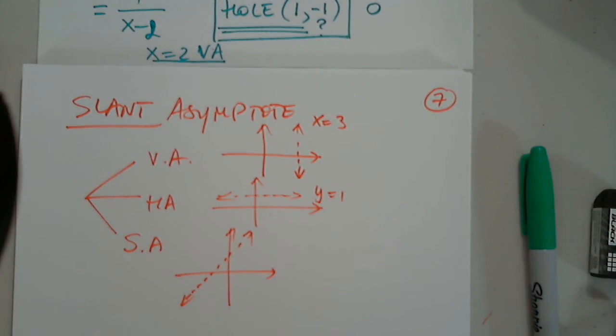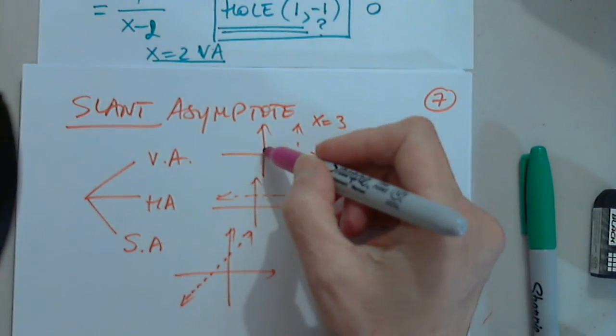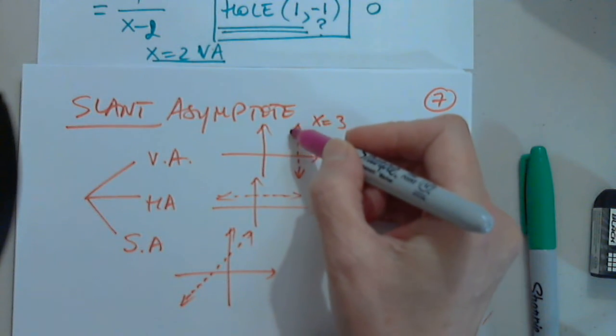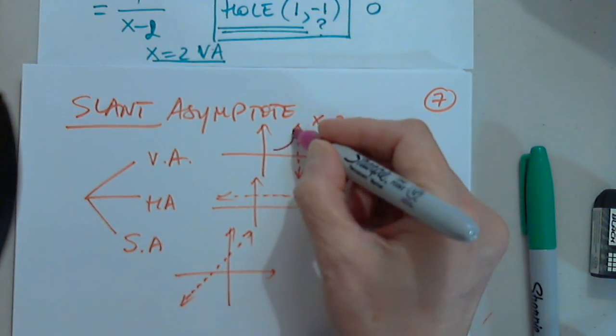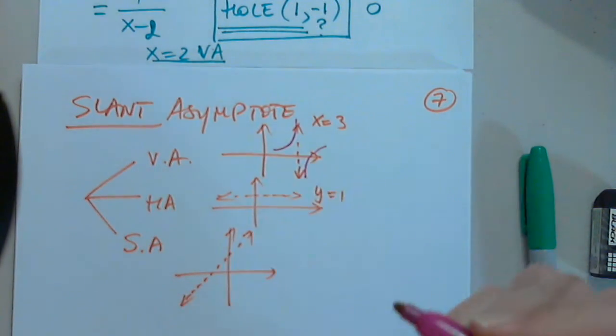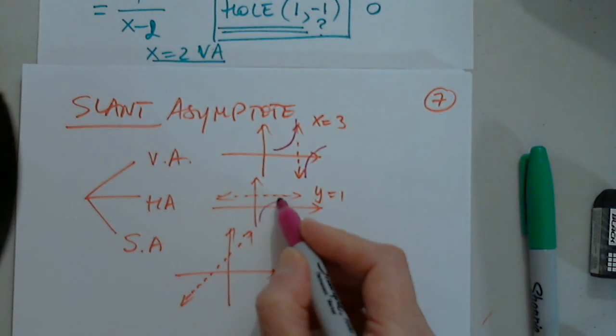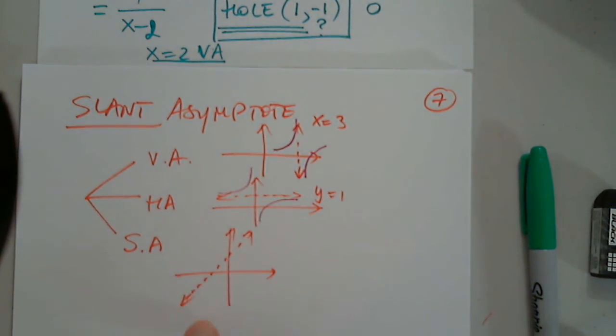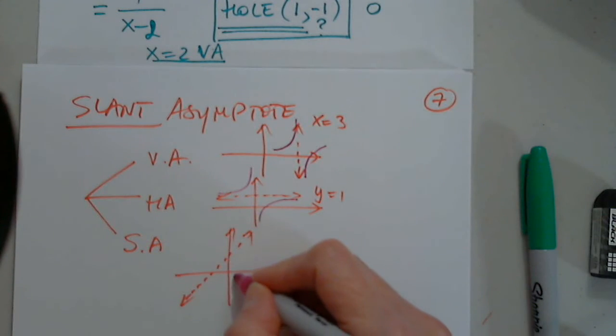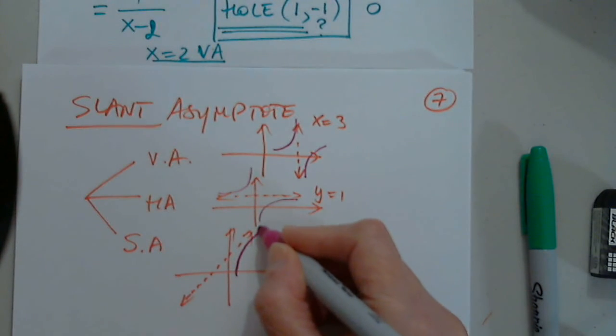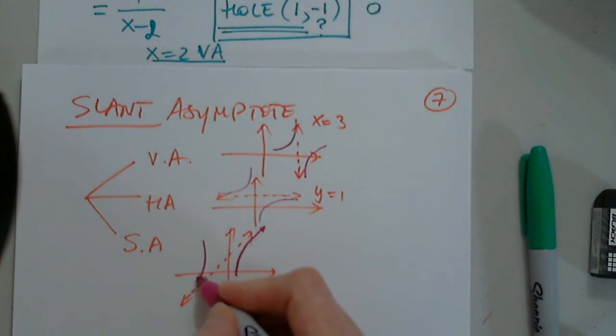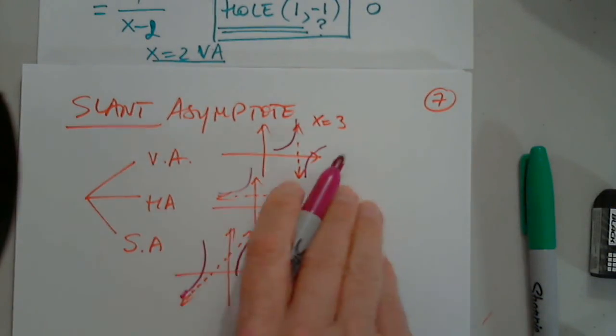Regardless of what slant asymptote we are looking at, the function has to approach it asymptotically, like this, for example, and like this. Whatever, but it has to approach it asymptotically, either like this or like this. So it's at infinities.